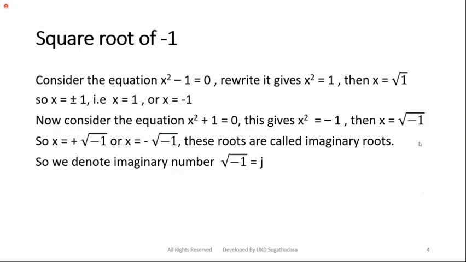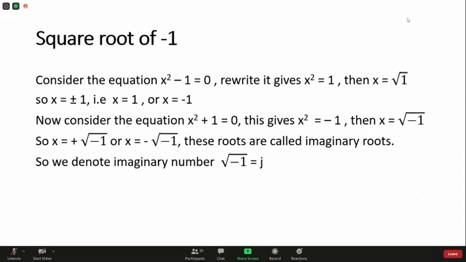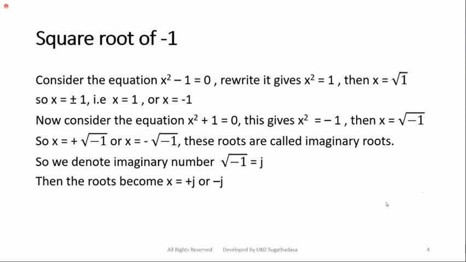If you see i or j in a textbook, there is no difference. Remember, sometimes it could be i, sometimes it could be j. The meaning is the square root of minus 1. So now we can write the roots of the equation x squared plus 1 equals 0: x equals plus or minus j, that is, x equals plus j or x equals minus j.